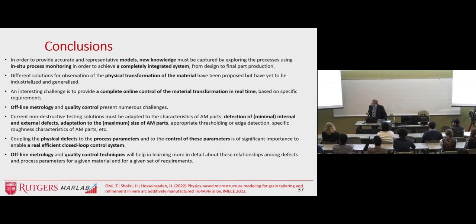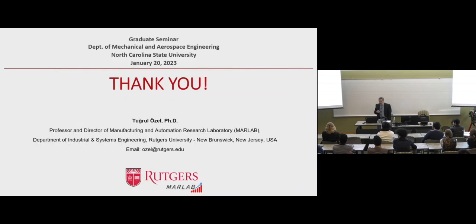Offline metrology and quality control techniques will definitely improve, and in all of this, machine learning can also help. Machine learning can also help validating and optimizing the models that we've seen, thermal model, microstructural model, once they are merged with the physical sensory data.